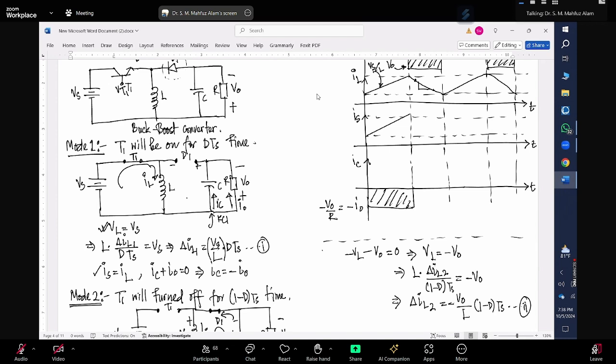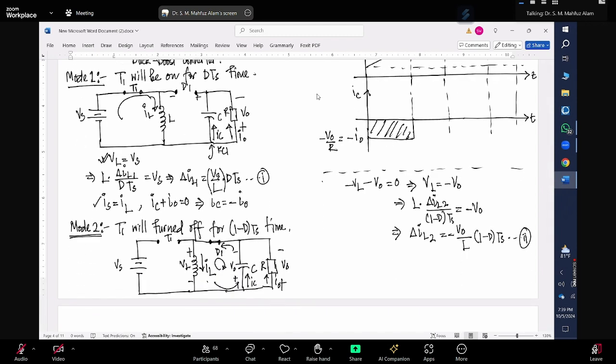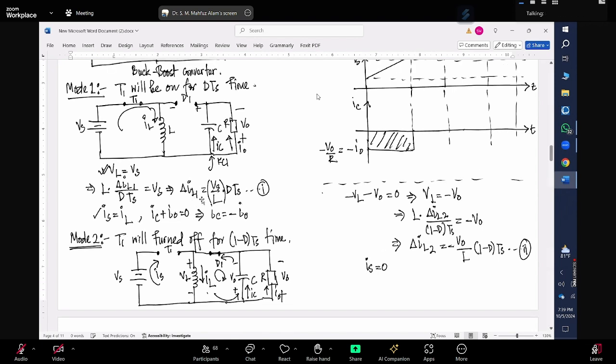Okay. So now for mode 2, what will be my source current? Zero. So in that case, my source current should be 0, right?